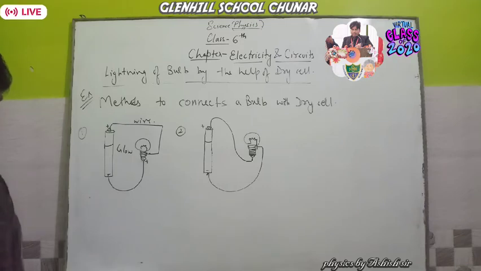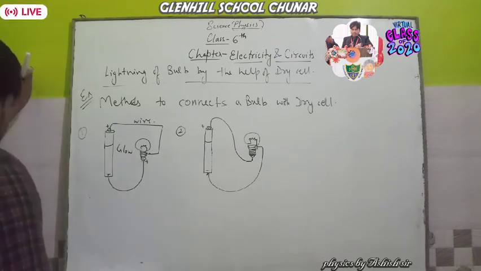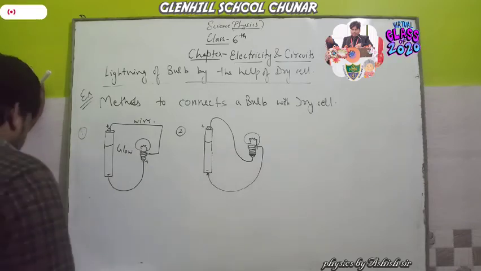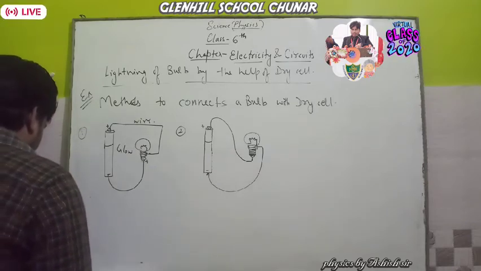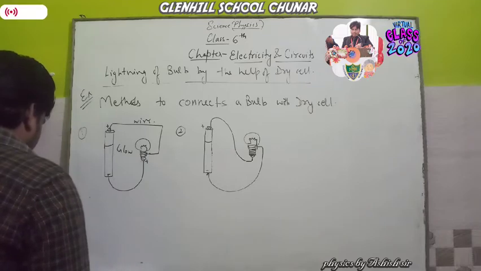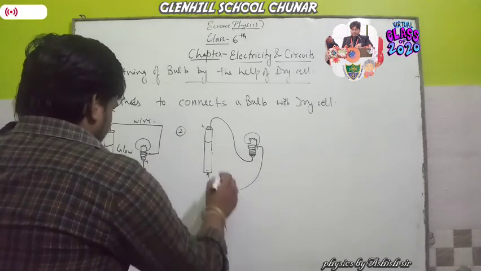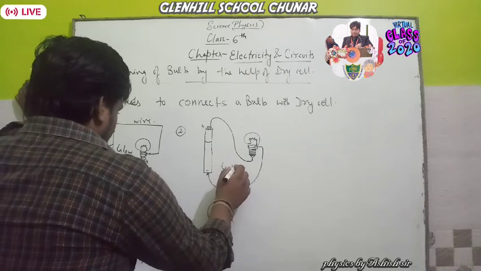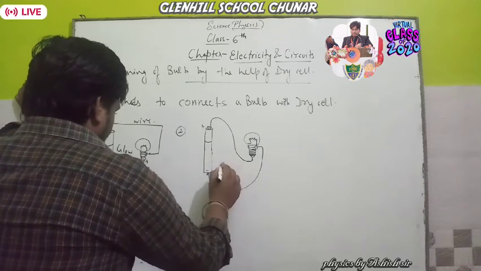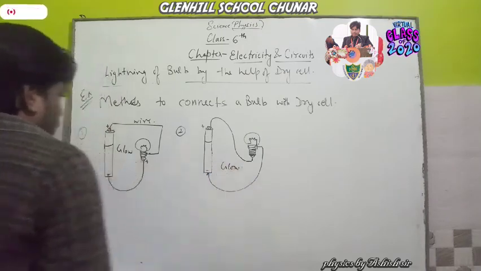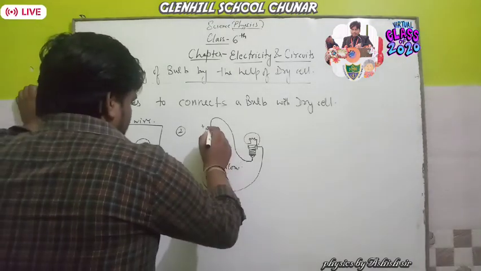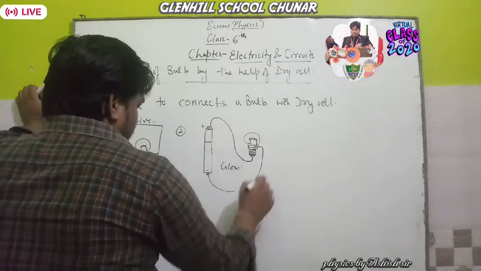Again the bulb lights up. The bulb glows, because this one is connected to this end and this other end is connected to this end.